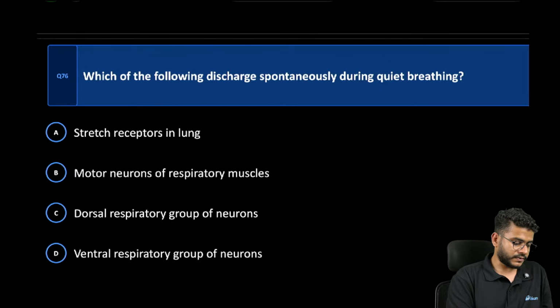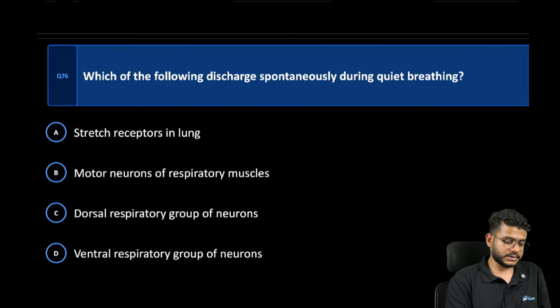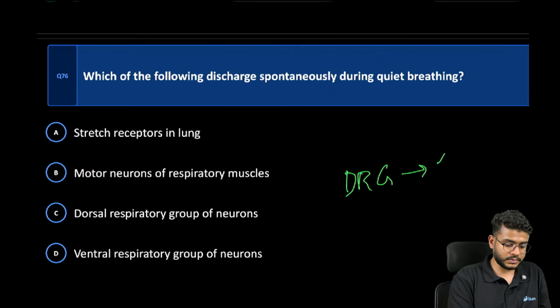Okay, the next question. Which of the following discharge spontaneously during quiet breathing? During normal breathing, I told you the medullary part, the DRG, which helps in inspiration, is spontaneously discharging.